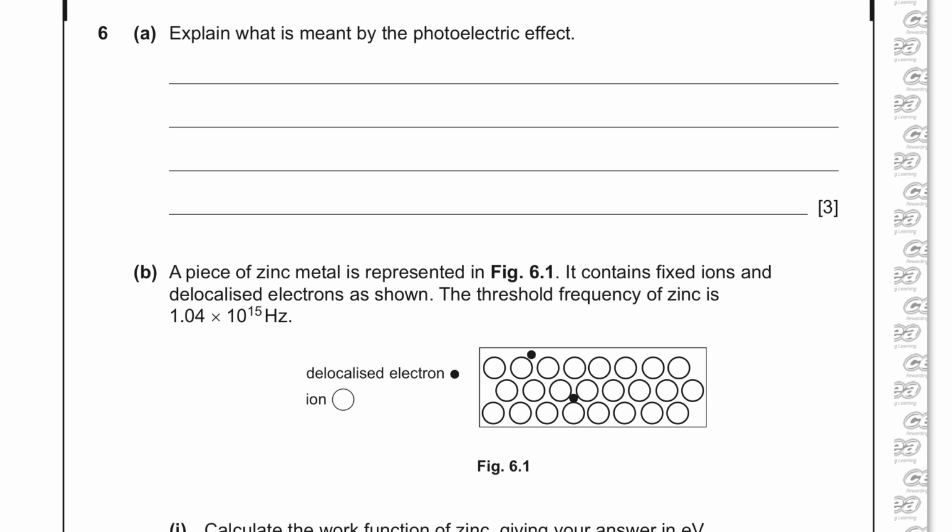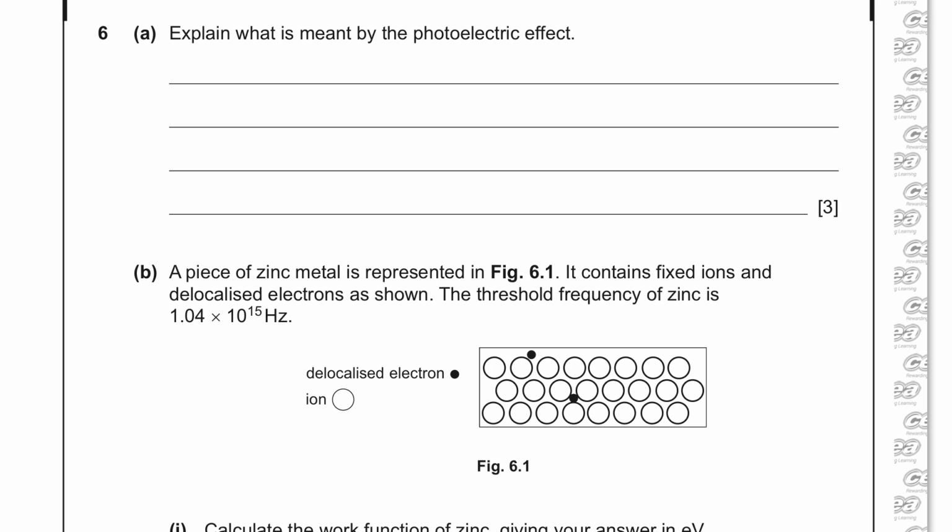Question 6, Part A. Explain what is meant by the photoelectric effect. So remember, in the photoelectric effect, you have electromagnetic radiation striking a metal surface and little electrons being emitted from that surface that we call photoelectrons because of how they were produced.